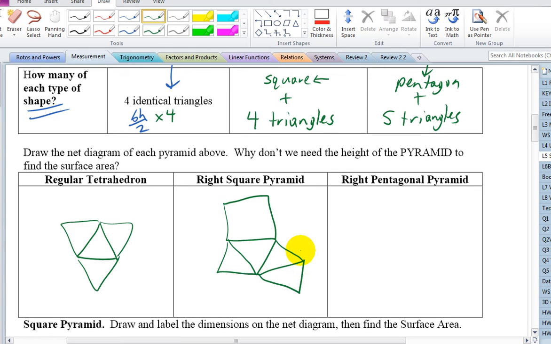There's the right square pyramid, done. And there's the pentagonal pyramid, done.